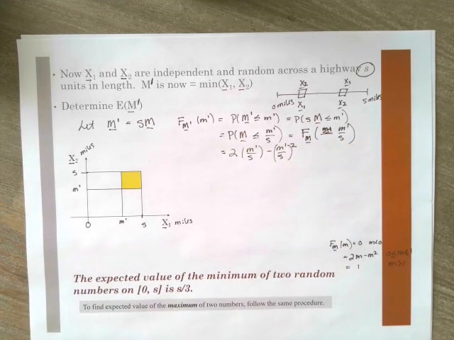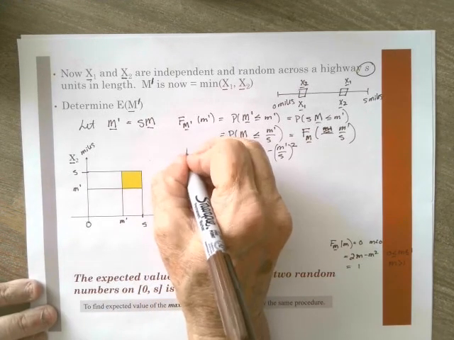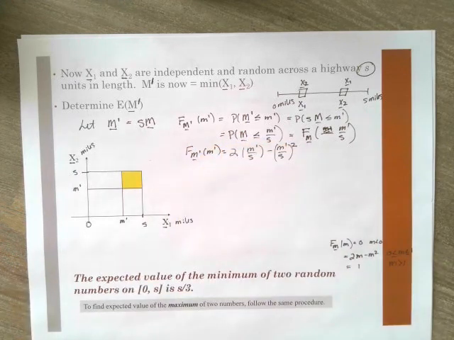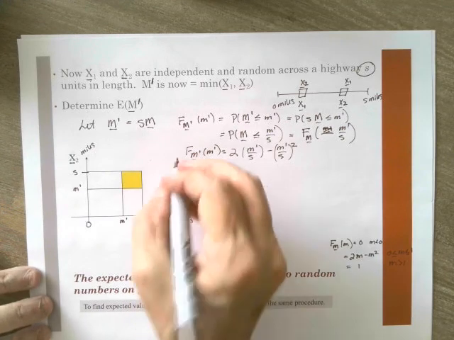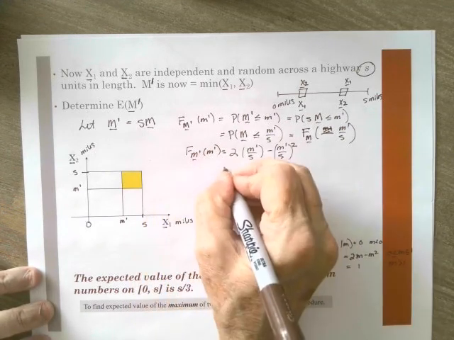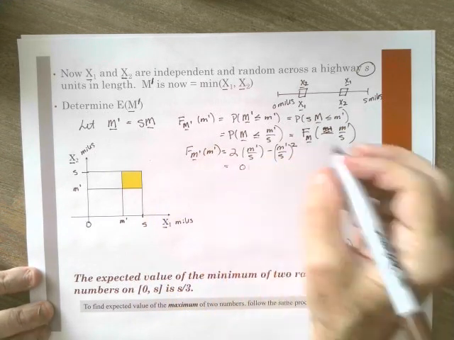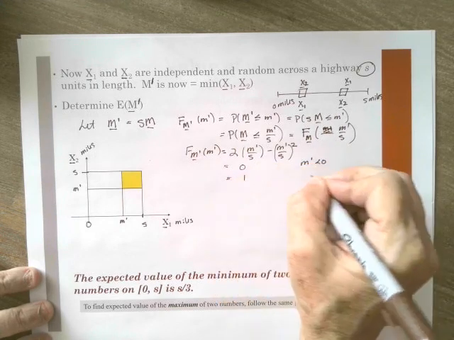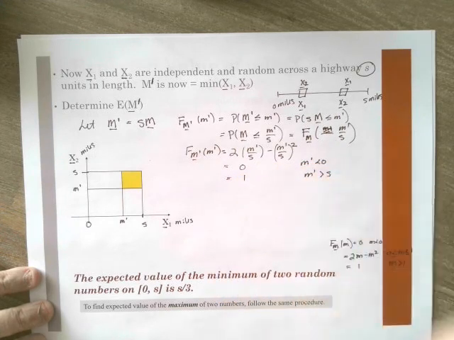Like so, and that will be capital F of m prime. Again, it's going to be 0 whenever m prime is less than 0, and it will be 1 whenever m prime is bigger than s.